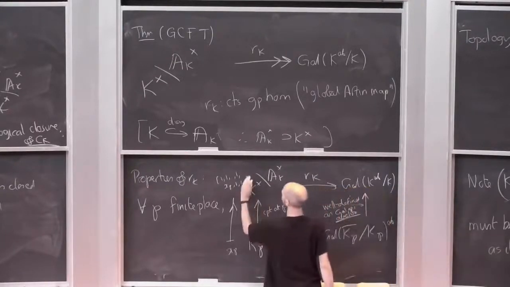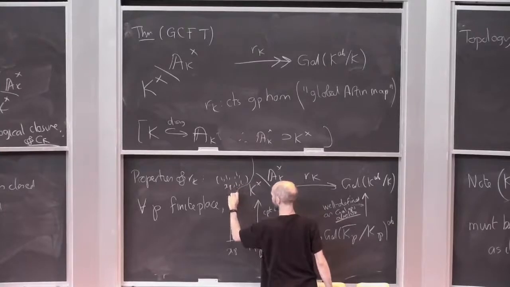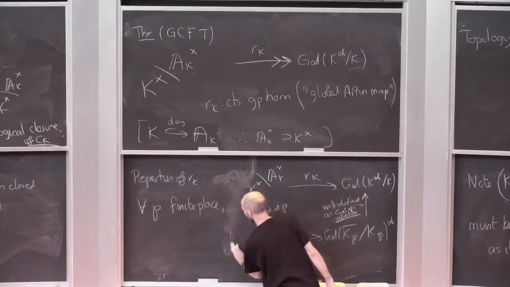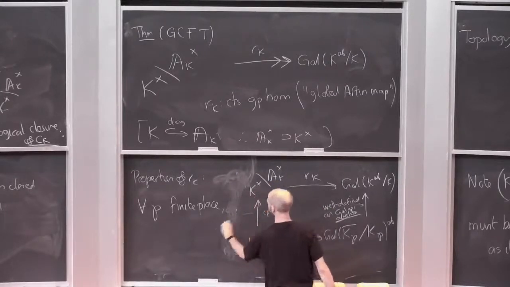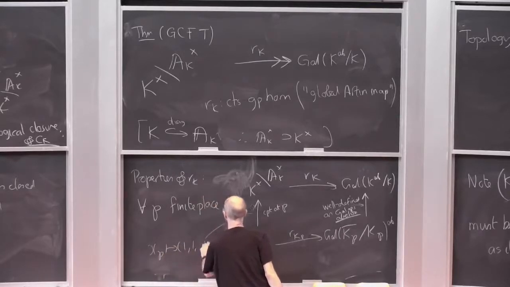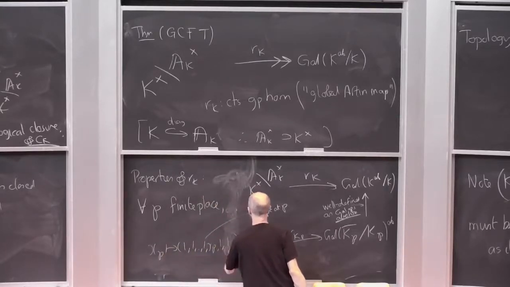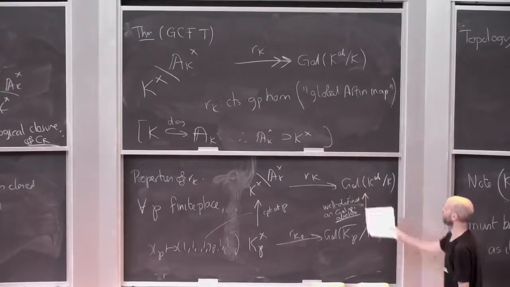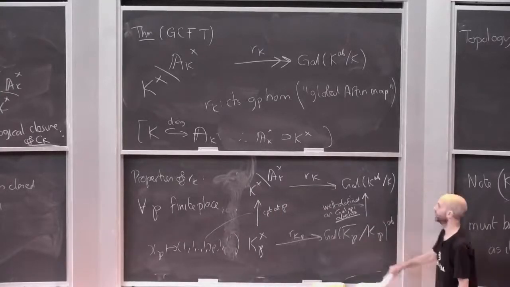This map here, x_p, goes to (1, 1, 1, x_p, 1, 1, ...). So that's cool. This global Artin map is gluing together all these local Artin maps.